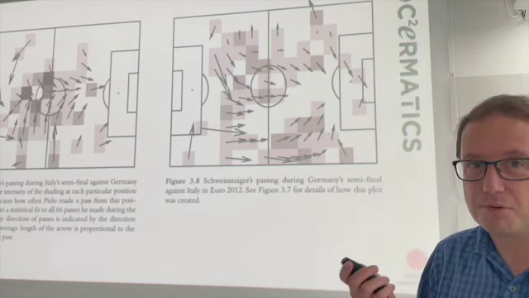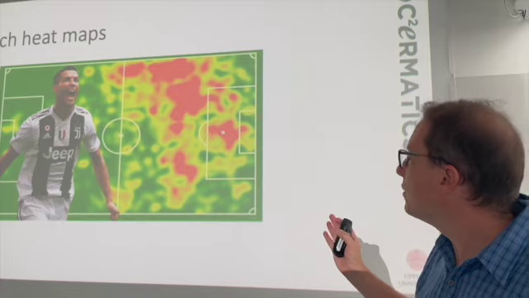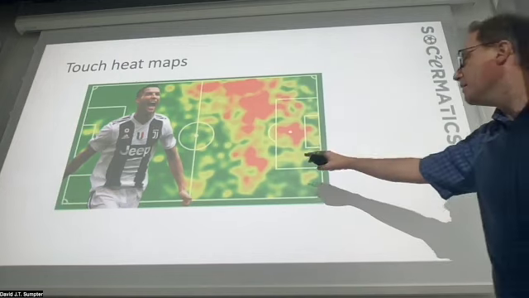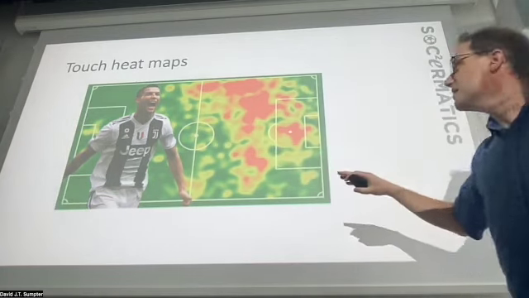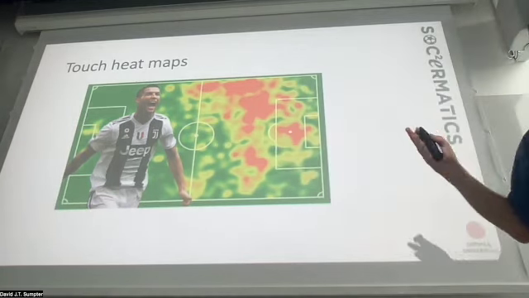But before I do that, I want to show you a heat map that I'm not very keen on. And this is the following heat map. This is Ronaldo again. What's wrong with this heat map is that this smudging out, which maybe makes it look good or more scientific, is also unrealistic.